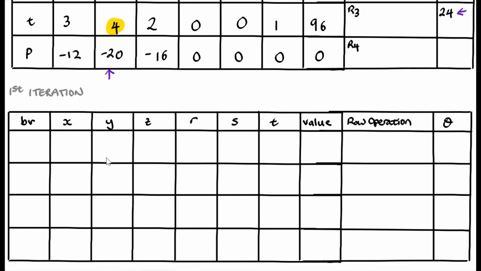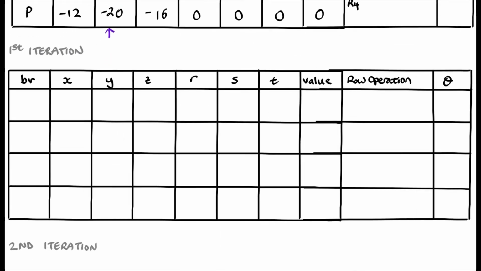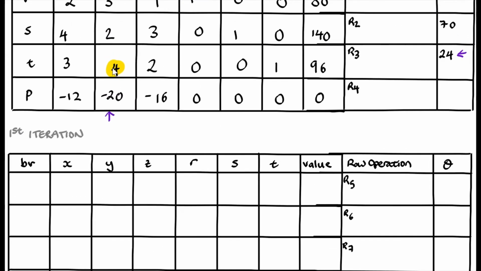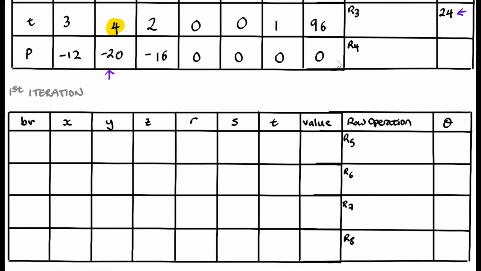And in terms of what that means, if we work out row 5, row 6, row 7 and row 8, first of all, to work out row 7, we divide row 3 by 4. So if we divide row 3 by 4 to work out row 7, 4 divided by 4, that's just 1.